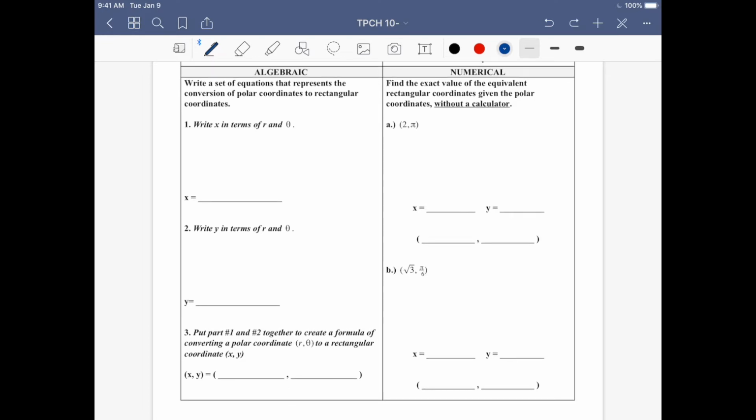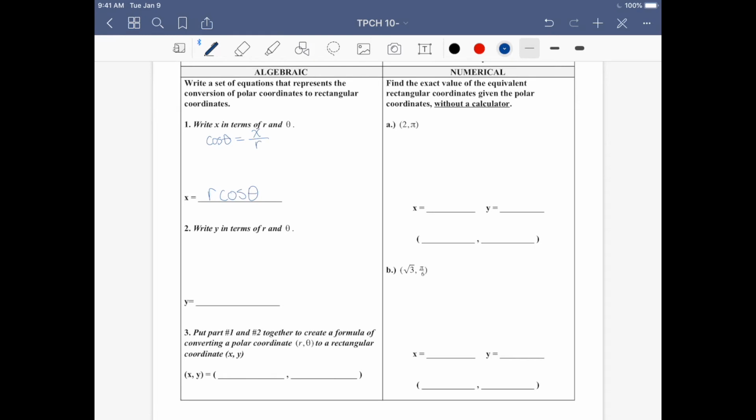All right, number 1 says write x in terms of r and theta. So the relationship between x, r, and theta is this. Cosine of theta is x over r. And I want to get x by itself, so I'm going to multiply both sides by r, and I will end up with r cosine of theta.